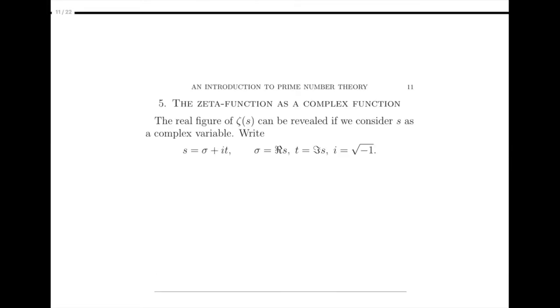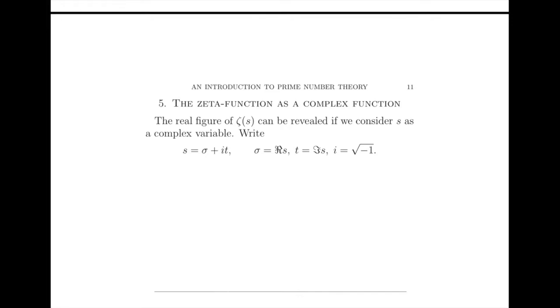However, to prove the prime number theorem, it is necessary to consider the zeta function as a complex function. We defined zeta(s) when s is a real variable, but hereafter we regard s as a complex variable.